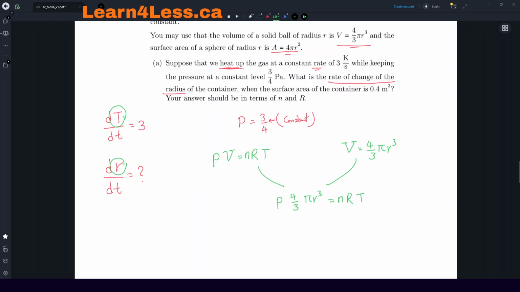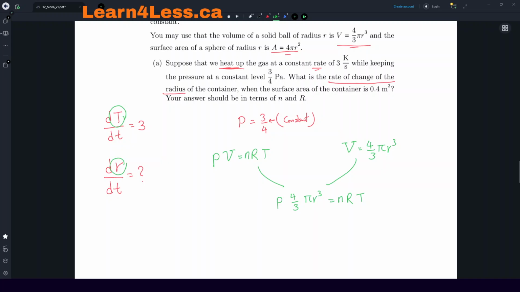Right now, what I have is one equation which has r and T in it, the r for radius and the big T for temperature. So it is basically the relation that I wanted. This is how I will relate the rate of the radius to the rate of temperature.